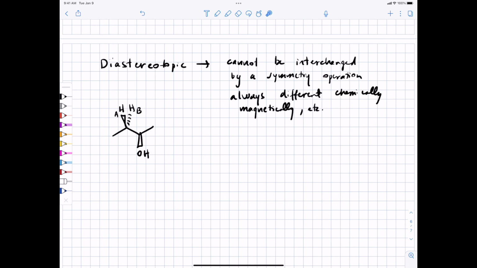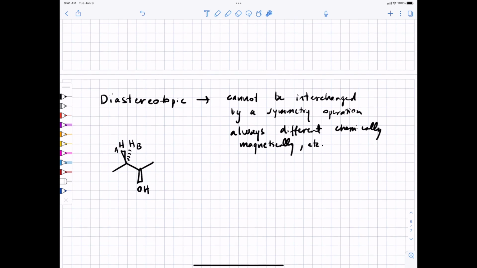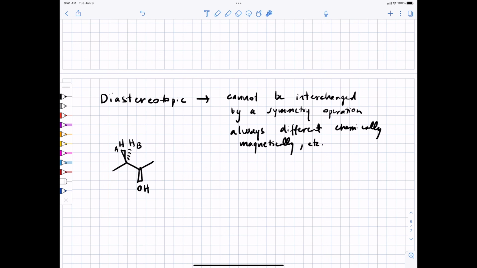So there's no improper rotation that will interchange and give you identical XYZ coordinates. So those are diastereotopic. They are different. Now, that means even a boring non-chiral reagent could selectively remove one of these protons versus the other.